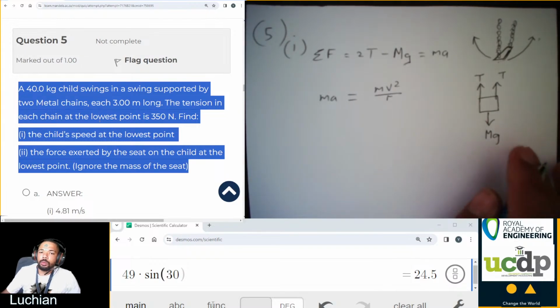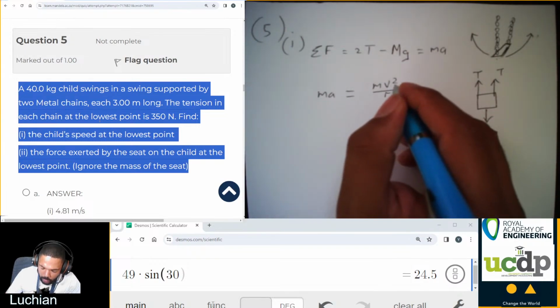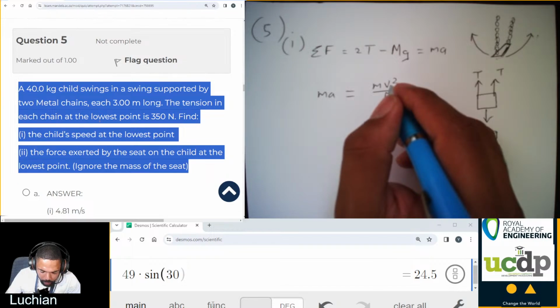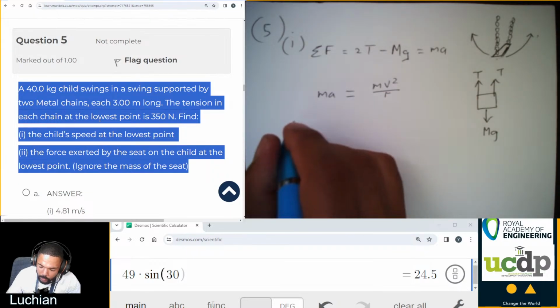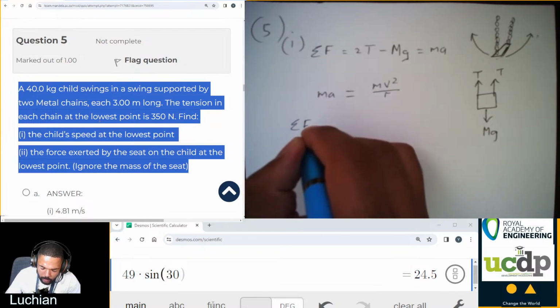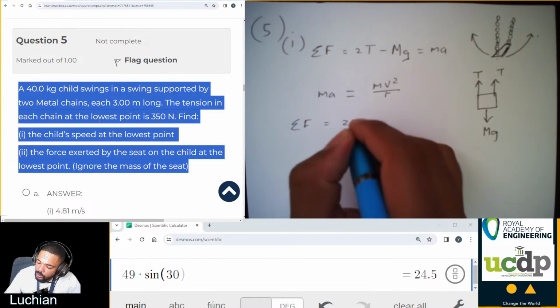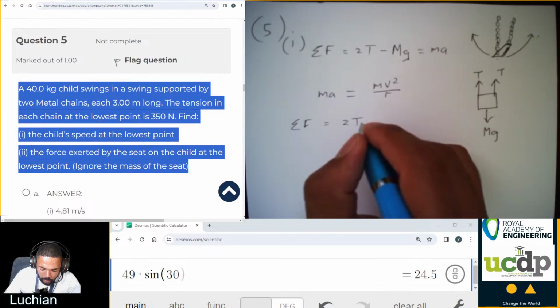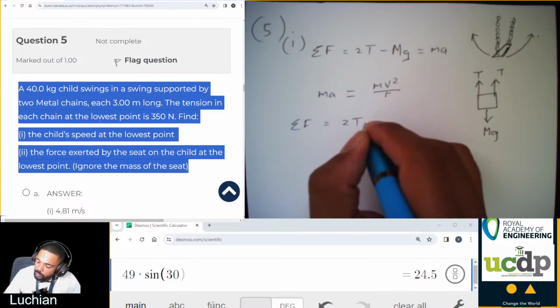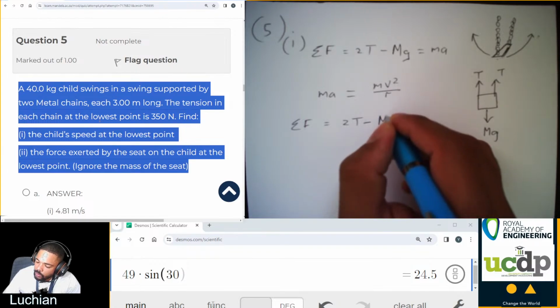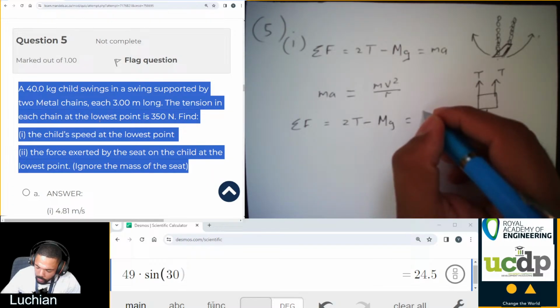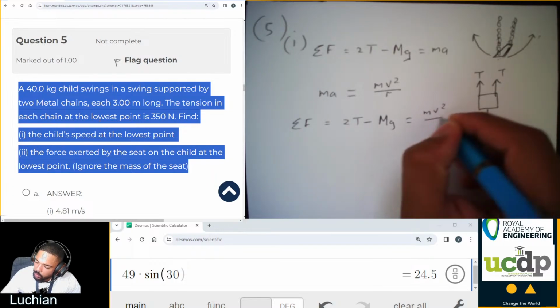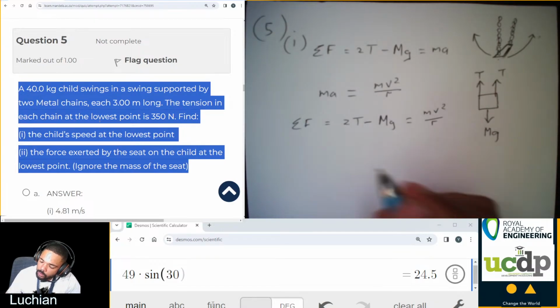Rotational motion. So we have these two equations. We can solve for the sum of the forces: the sum of the forces is equal to 2T minus mg, which is also equal to mv squared over r. Okay, so that's an equation.